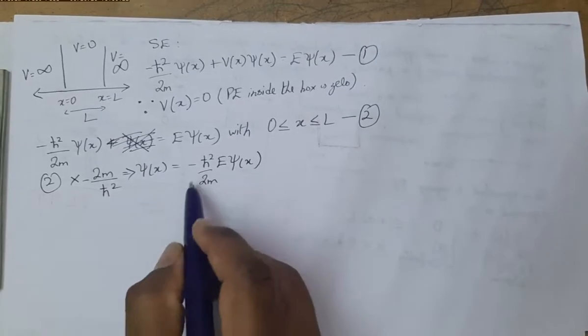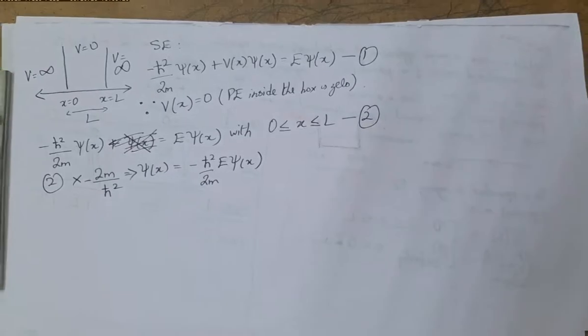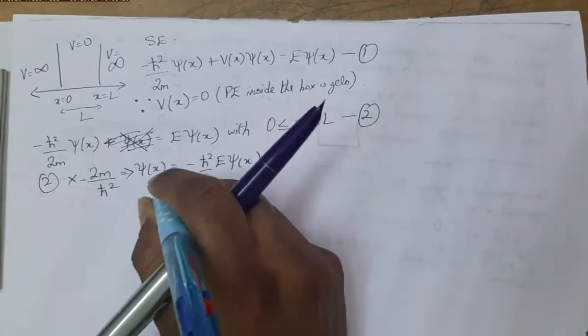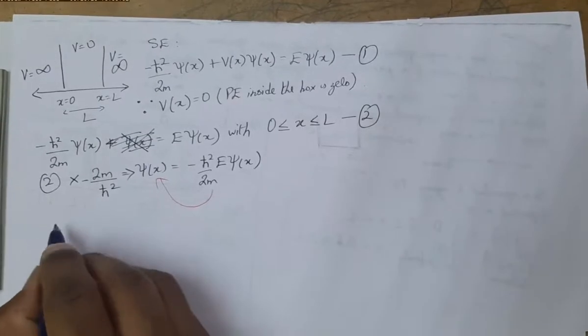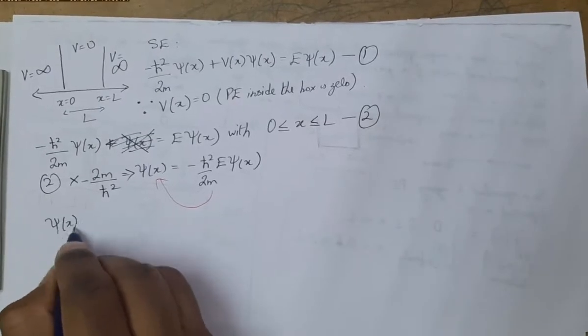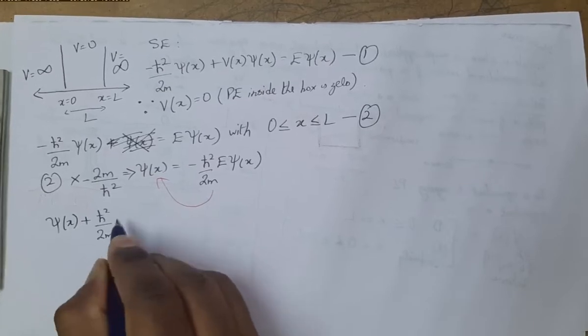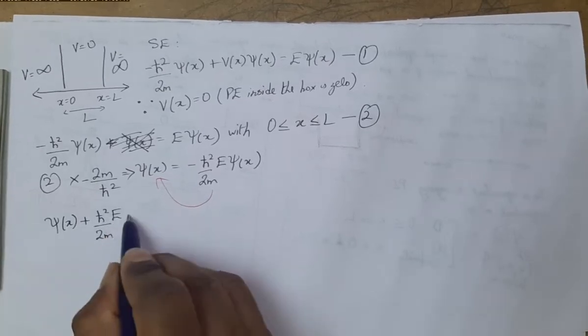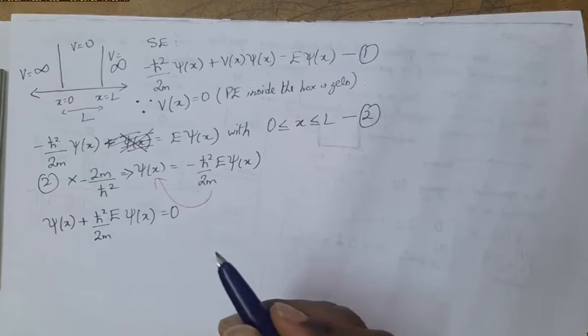Now if you bring the right hand side to the left hand side, you will have the second derivative of psi of x plus 2mE by h cross square psi of x equal to 0.